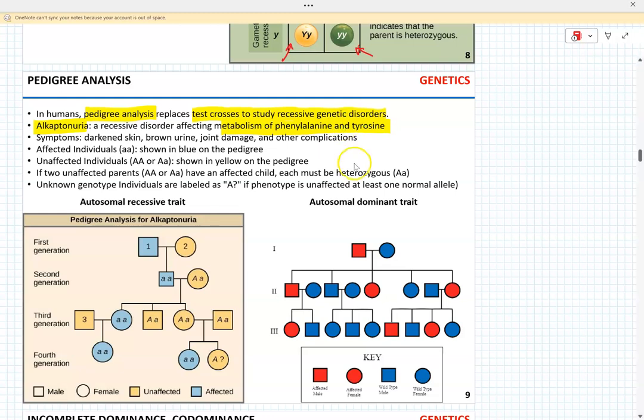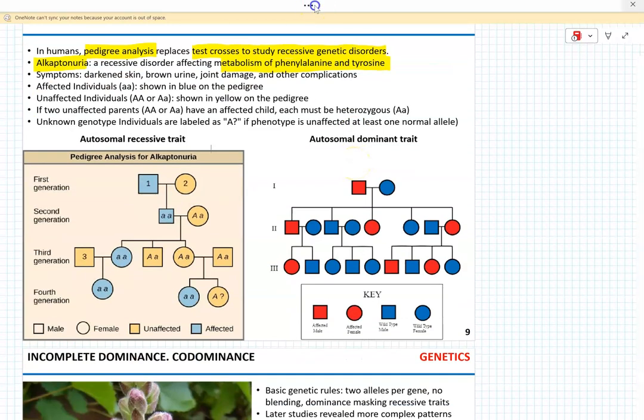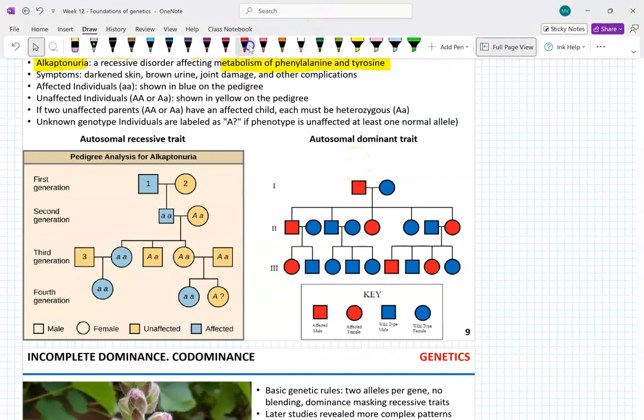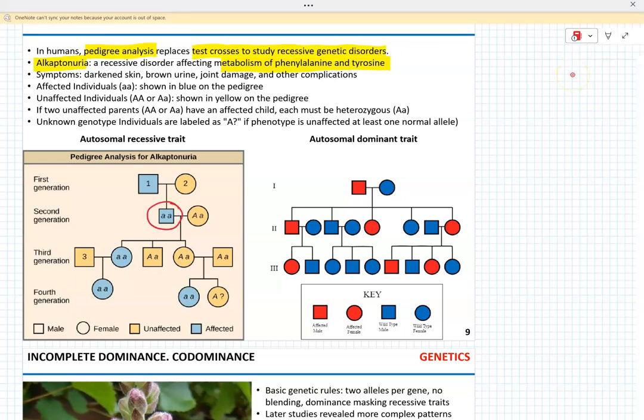In this illustration, the affected individuals are labeled blue. Since this individual is affected, it has to be homozygous recessive, and since this individual is affected, it has to be homozygous recessive as well. You can see that practically this is a test cross.